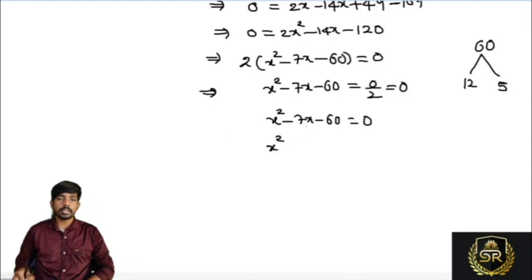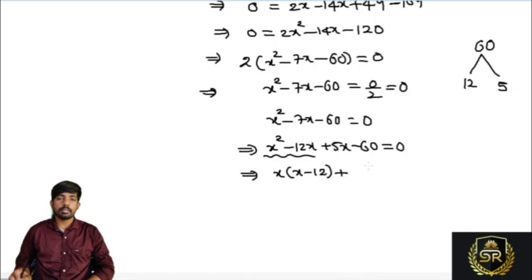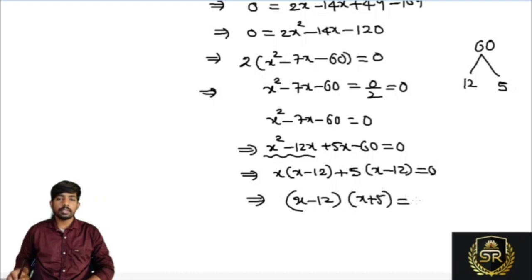Splitting the middle term, x square minus 7x becomes minus 12x plus 5x minus 60 equals 0. Take x common: x into (x minus 12) plus 5 into (x minus 12) equals 0. Taking x minus 12 common, the remaining is x plus 5 equals 0.